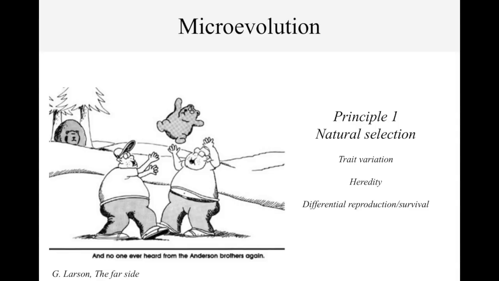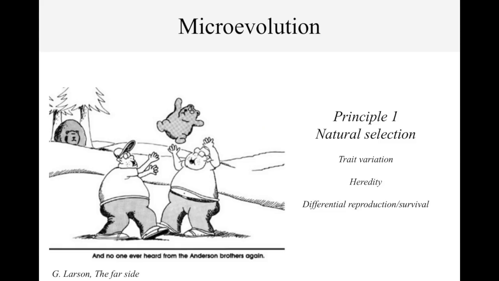Most of you, I'm sure, know about Darwinian evolution and natural selection. The principle of natural selection is pretty simple. When you want to understand why a trait has evolved, you have to understand three things: trait variation, which is brought about by mutation; that this trait variation is heritable and inherited through generations; and differential reproduction or survival of individuals carrying those mutations.